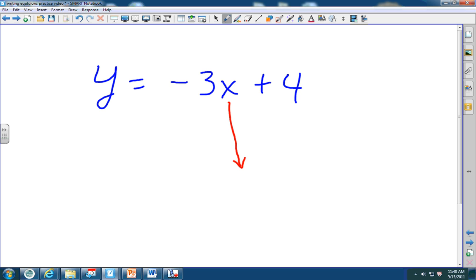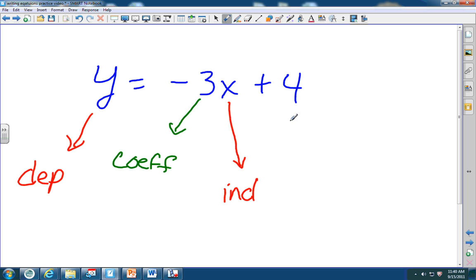I know that x is my independent variable, y is my dependent. I know that the number that goes with my variable is the coefficient. The one that is by itself is my constant.